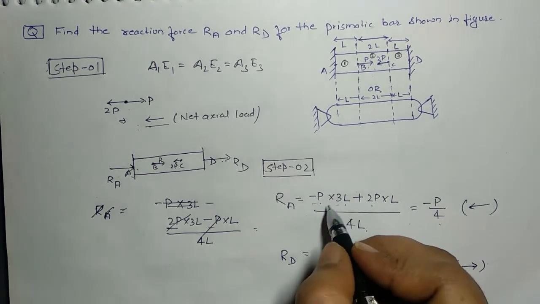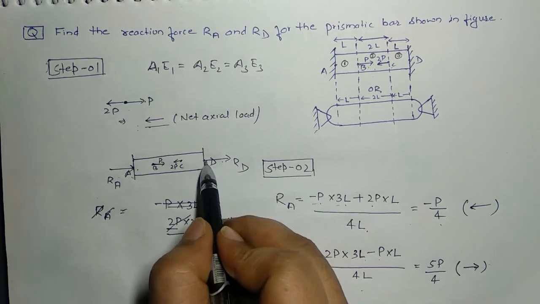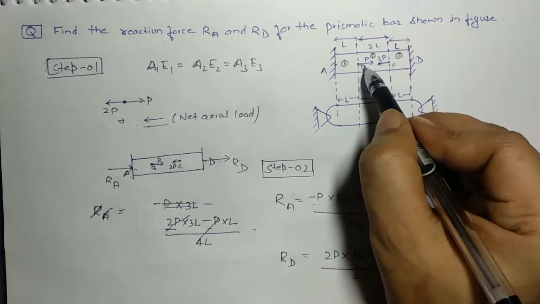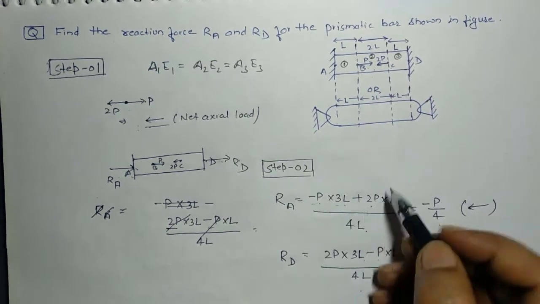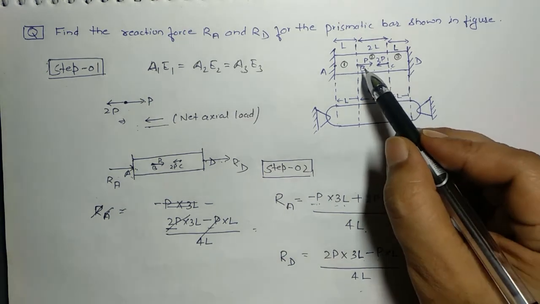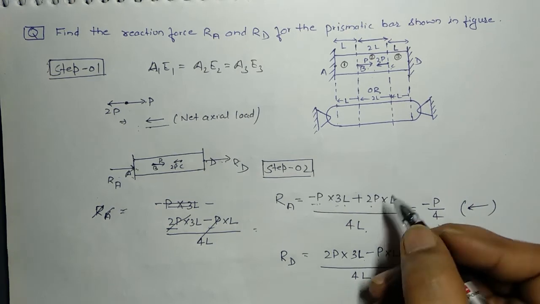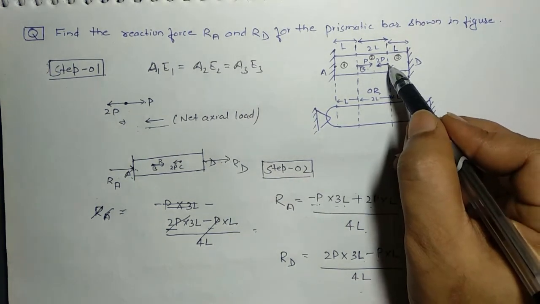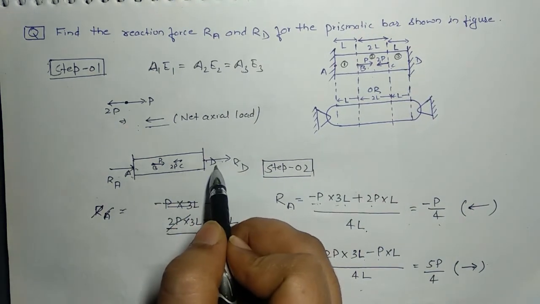First, I have used minus P because the introduced reaction force is in rightward direction and the given axial force is also in rightward direction. So both of these are in the same direction, so we have used minus here, and the distance between point B and D is 3L, so we used 3L. Similarly, 2P is in leftward direction and the applied reaction forces are in rightward direction.